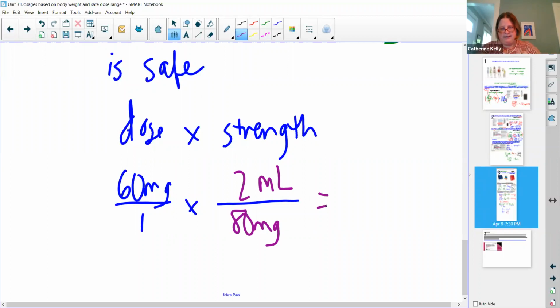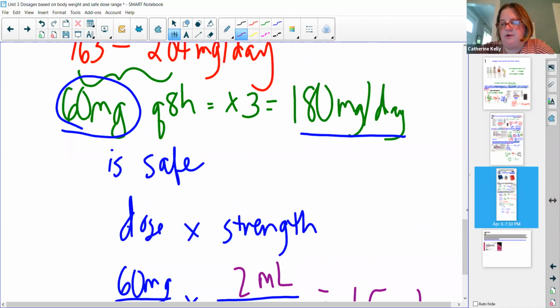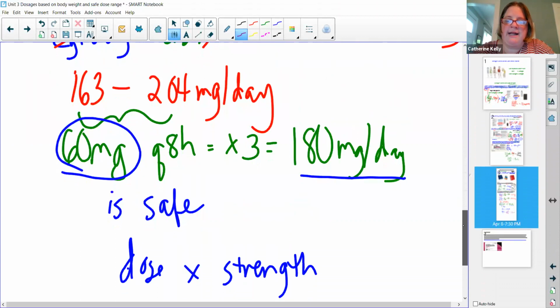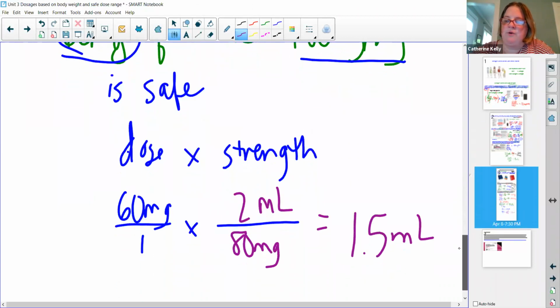So you do 60 times 2, which is 120, divided by 80, and you get 1.5 milliliters. If it was not safe, you would not administer anything until you consult the doctor. Your answer for how much you would administer would be 0. I wouldn't administer any. I would contact the doctor.